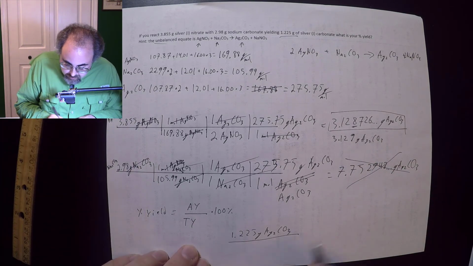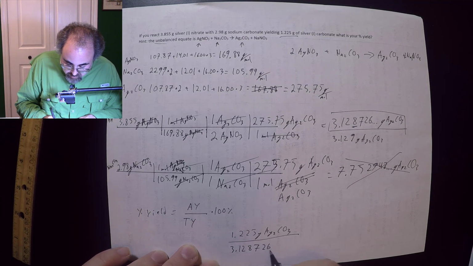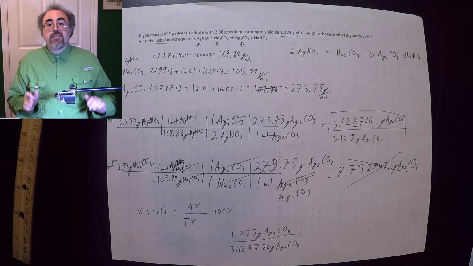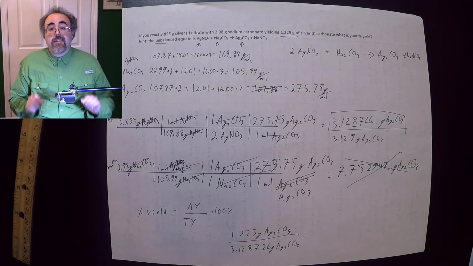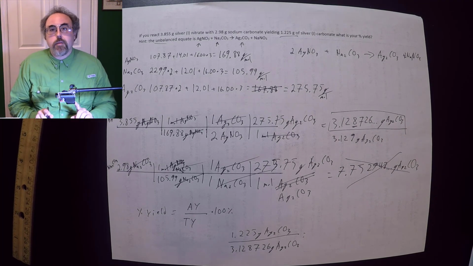But that's not what I'm going to write down. I'm actually going to keep this number up here, 3.128726 grams Ag2CO3. You're like, but why? Simple. When I rounded this, I changed this number. I made this number just a little bit bigger, and because of that, I'm going to add error into my math.